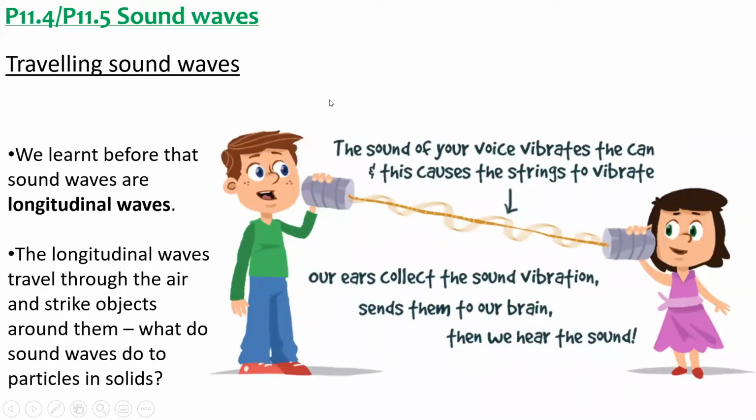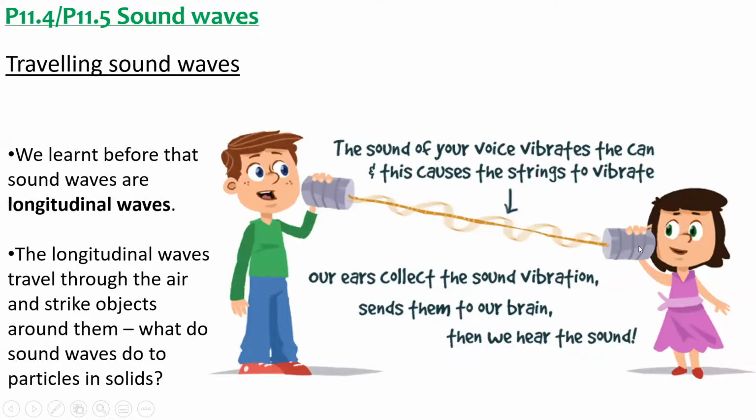We can think of sound as a vibration. Longitudinal waves travel through the air and strike objects around them. So what do sound waves do to particles in solids? You might have played with two cups or cans and a piece of string.